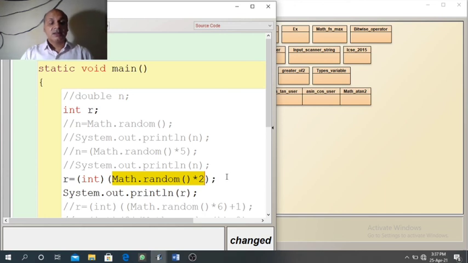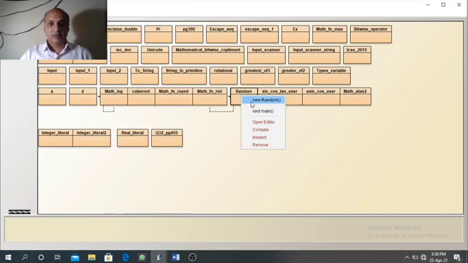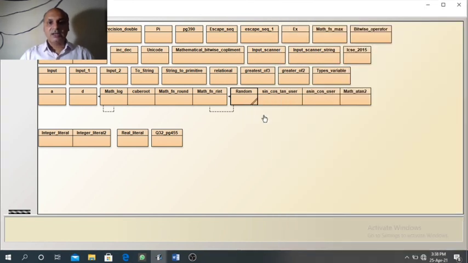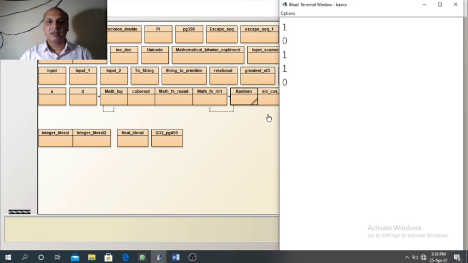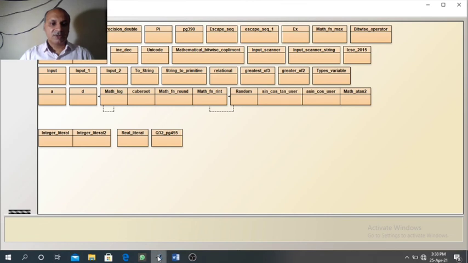It means answer will be more than 0, less than 2. 2 is not included, but 0 is included here. So we will get any number between 0 and 1. So this time we are getting 1. Every time when you run it, range is same, we will get either 0 or 1, but exactly which one we will get, that is not predictable. So we have seen the second variation of this random function.